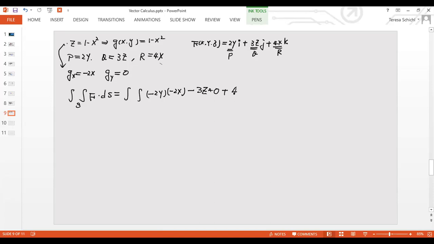Then you do dy dx or dx dy, it doesn't matter; dy dx here, with x from 0 to 1 and y from 0 to 1. So this will be 4xy, this term disappears, plus 0, plus 4x. That's why this is 4x here. Okay, good.